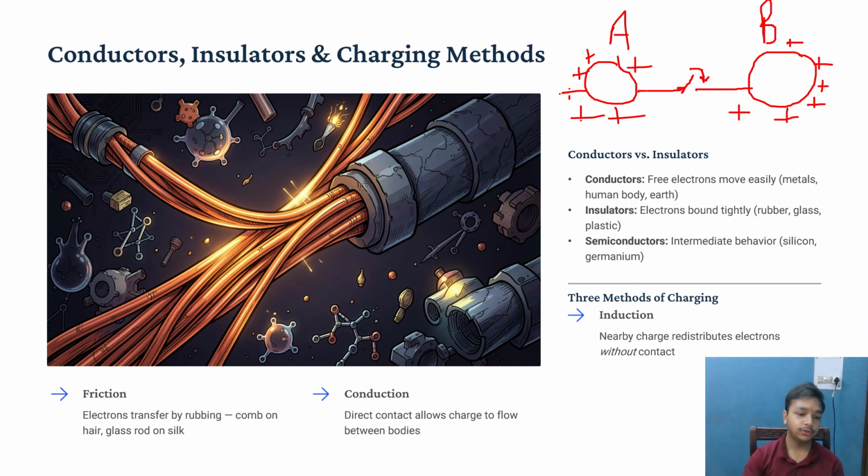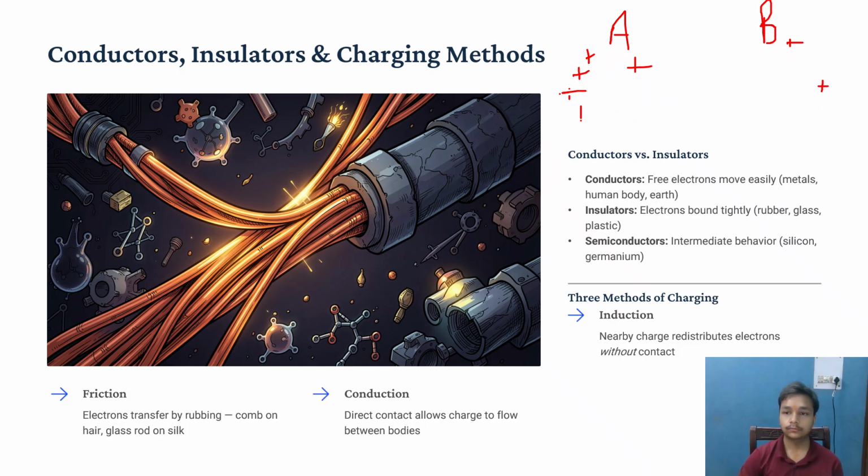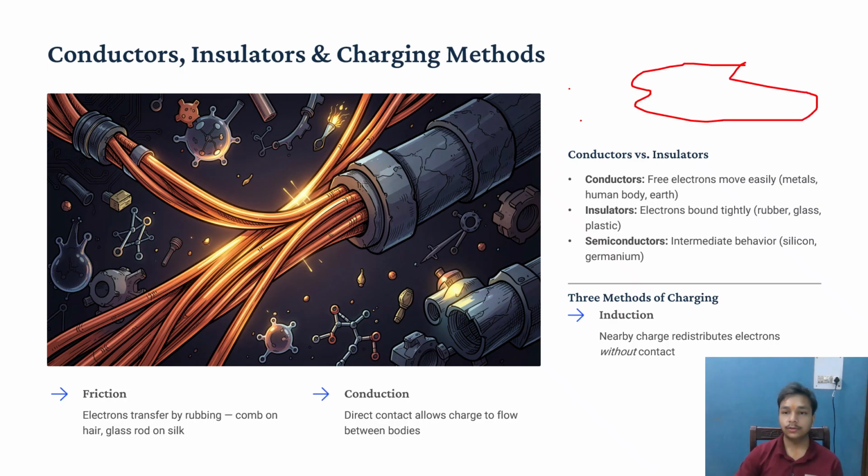Now let us talk about charge distribution on an isolated conductor. Suppose this is an isolated conductor.